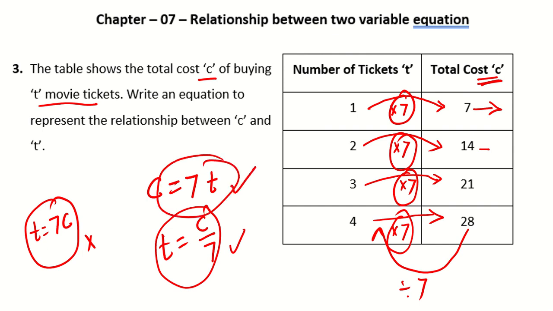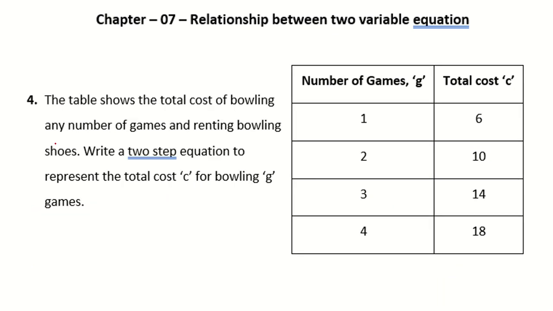Okay, now next is the same type of question with a different relation. The table shows the total cost of bowling any number of games and renting bowling shoes. Write a two-step equation to represent the total cost C for bowling G games.